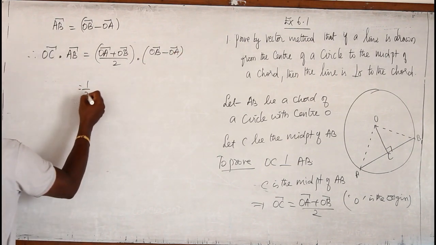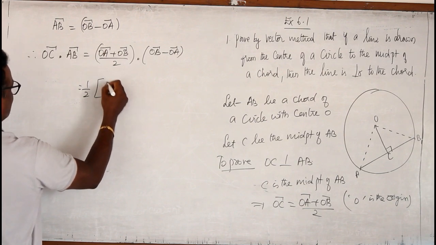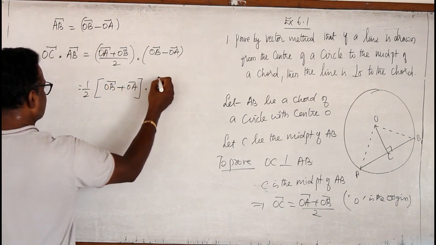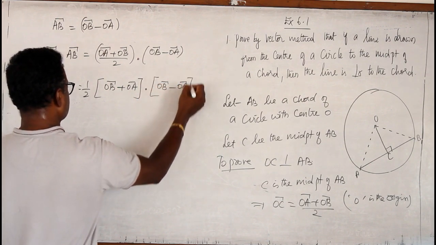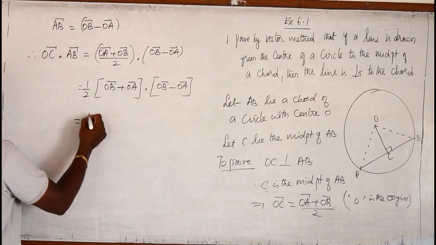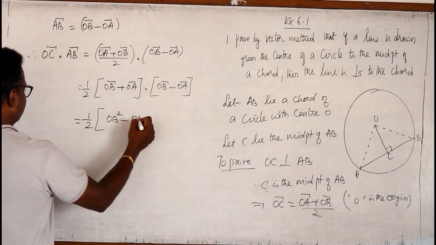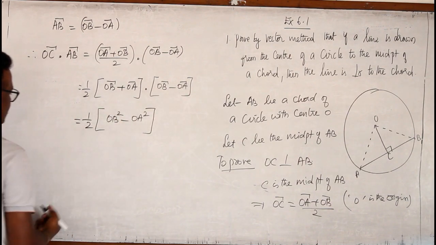Now shall I take this 2 out? Shall I write OA vector plus OB vector as OB plus OA dot OB minus OA is equal to 1 by 2 into, is it not OB square minus OA square? A plus B into A minus B means A square minus B square.